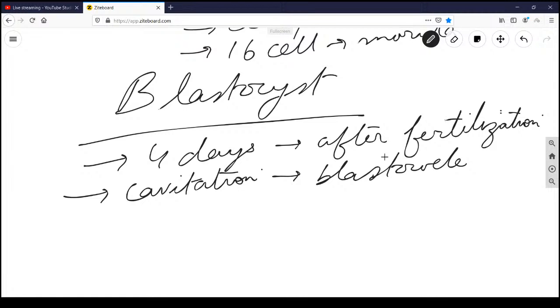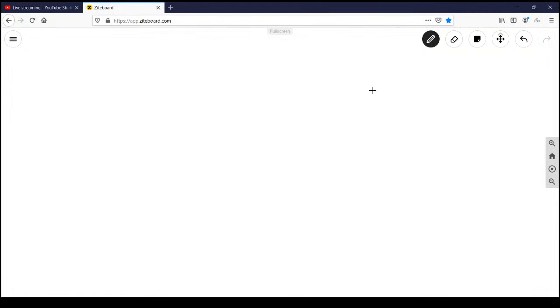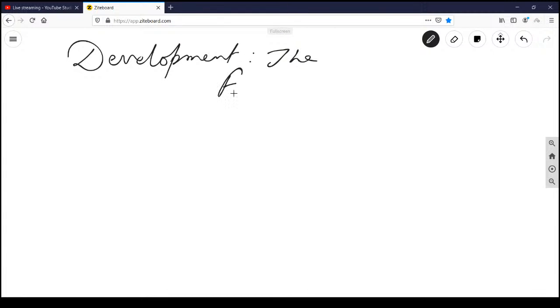Now if you see the development of the first 35 days, I'll just give you an overview. Days 0 to 7, this is a good table that you can think of. Development of the first 35 days.